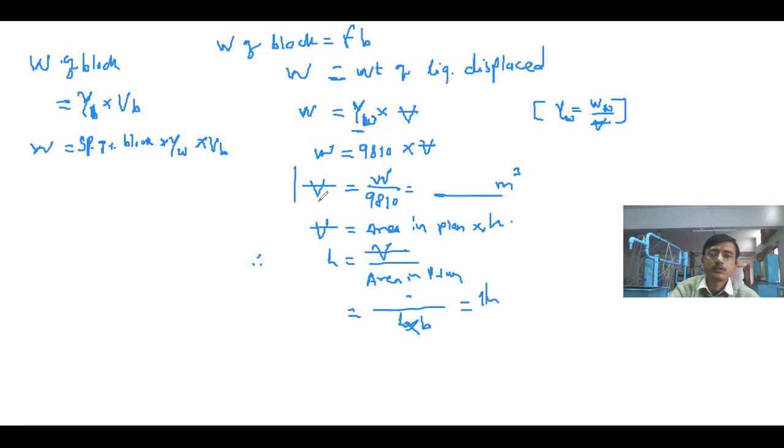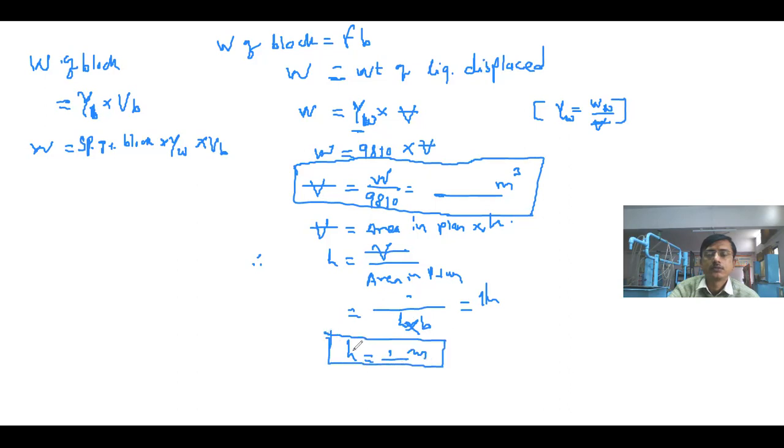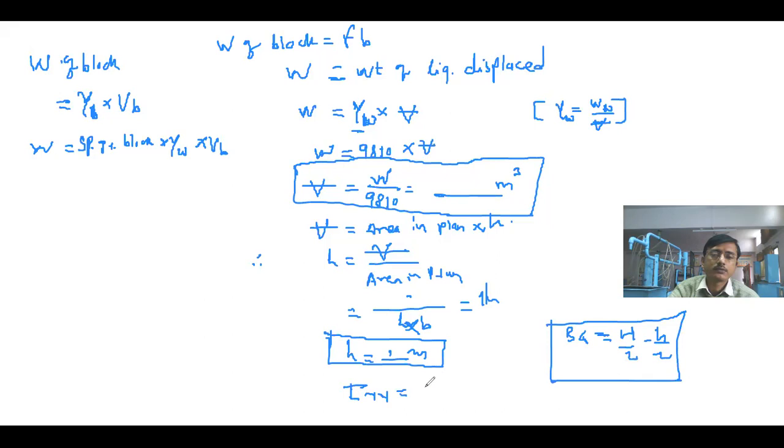The value of V we have already got here. You will get the small h value here, right? Then you can find out the BZ, capital H by 2 minus small h by 2, right? Then find out IYY. Apply the same formula and put all these values in that formula.